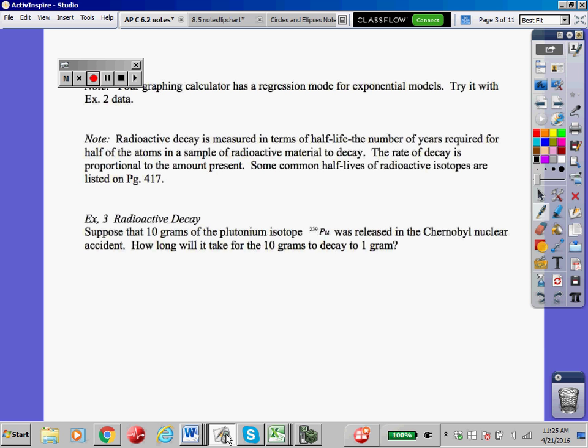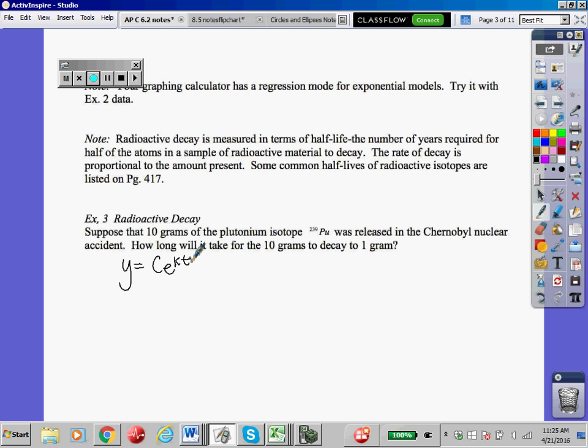So here's the deal. In that note above, half-life, okay, that rate of decay is proportional to the amount present. So what that means is you're going to start with y equals Ce to the kt power. Now something that's inferred, and I want to be explicit with you, what's inferred is when they tell you the initial amount, that time is 0.